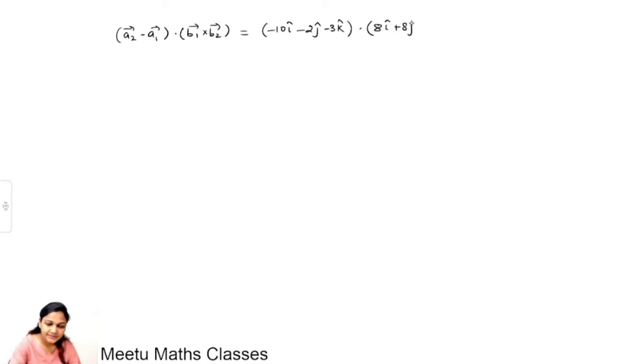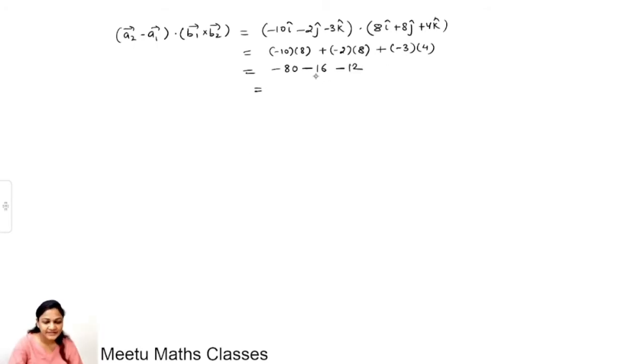So this dot product will be minus 10 into 8 plus minus 2 into 8 plus minus 3 into 4, and this will give you minus 80 minus 16 minus 12. Okay, and this will give you minus 108.